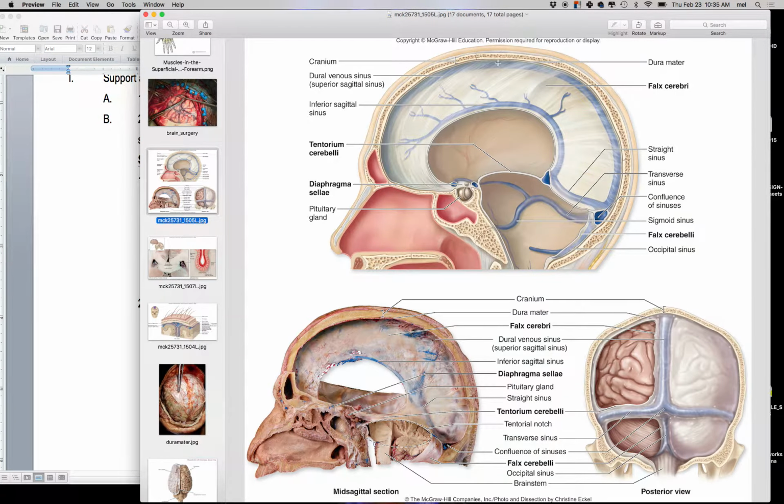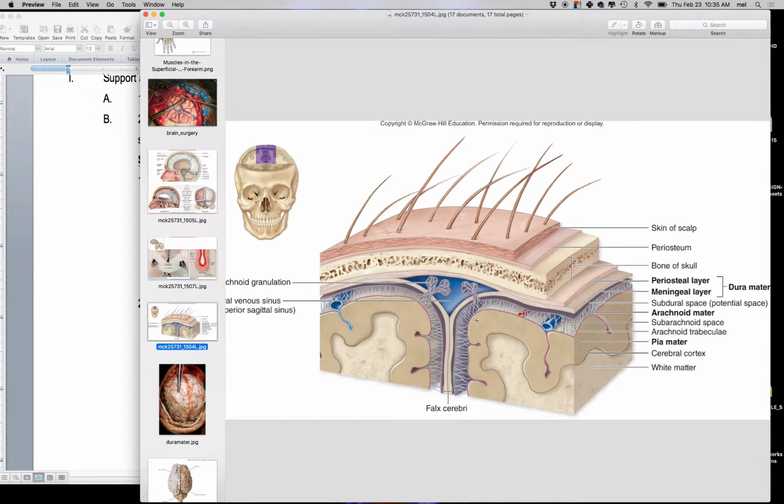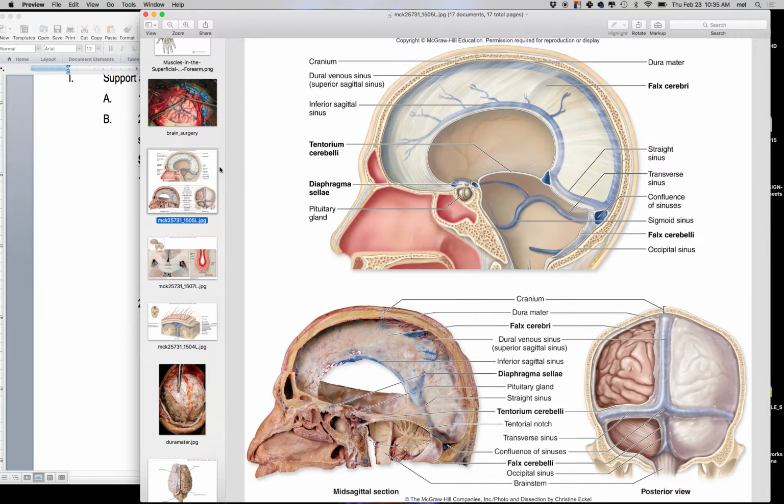So you see these right here, right? This one runs right under the sagittal suture, and it's called the superior sagittal sinus, and that is the one that you're seeing right there, right? So if you do a coronal section right smack here, you're going to see this blood vessel right there, or that's it right there too, right? Superior sagittal sinus.